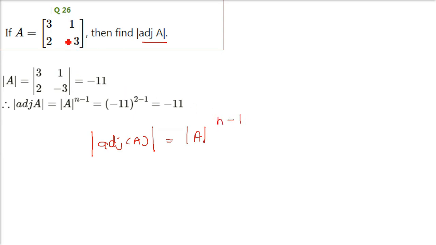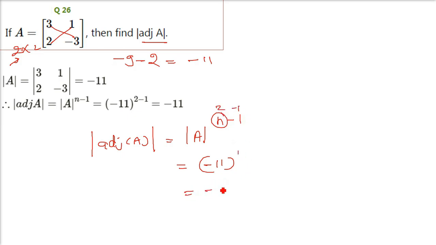What is the order? 2. What is the determinant? 3 into minus 3 minus 2 into 1. So minus 9 minus 2 is negative 11. So it is negative 11 raised to the power n minus 1. n is 2, and 2 minus 1 is 1 only. So it is going to be negative 11. This is the way you can directly use it, or you can follow the proper method also. Both will be okay.